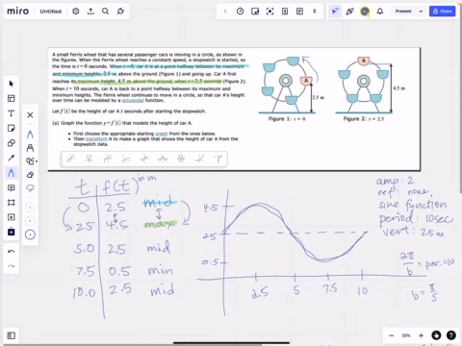So we could write this as y is equal to 2 times the sine of pi over 5 t. And then add that vertical shift, plus 2.5. All right, and that's going to give us what we're looking for there. All right, I hope this helps.